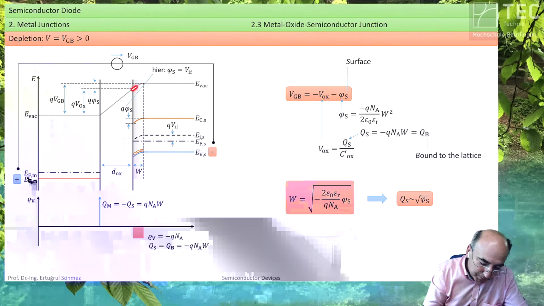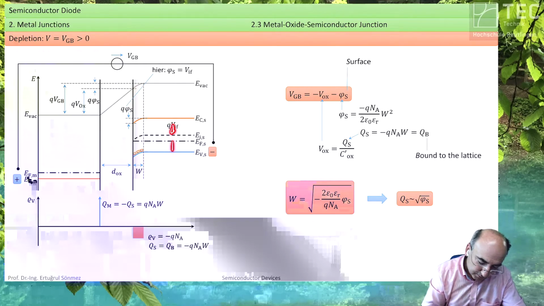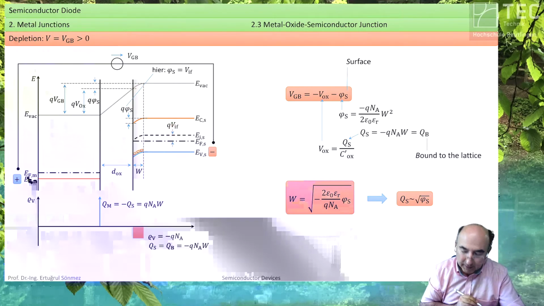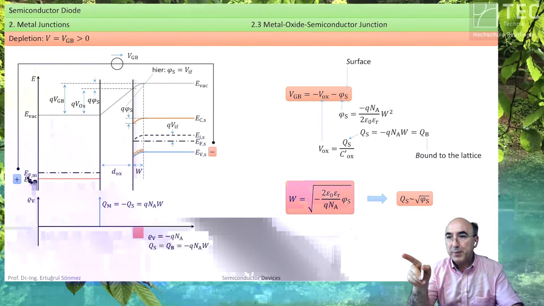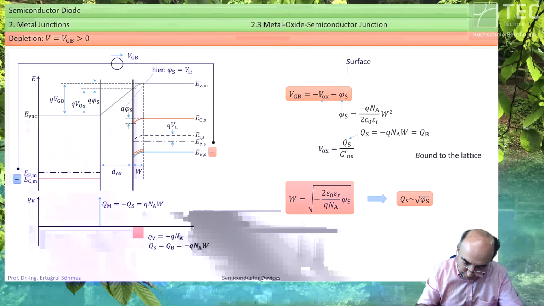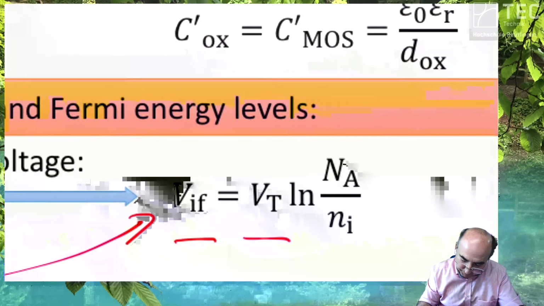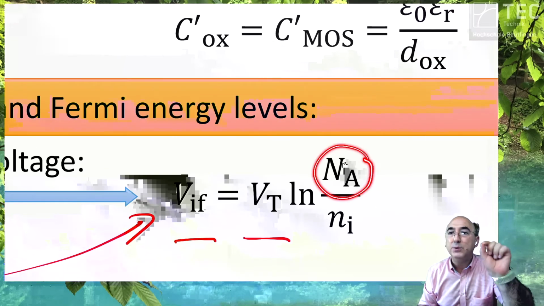The value for the bending is 2 times VIF. And VIF is, now we come back to your question, Mr. Rauscher. The VIF is defined by the doping level.